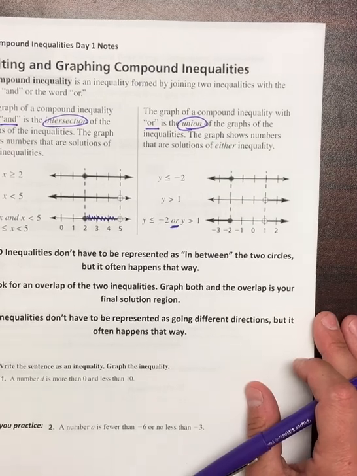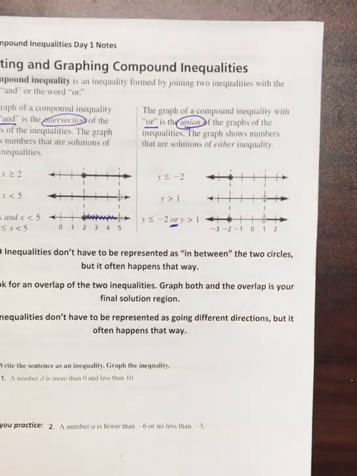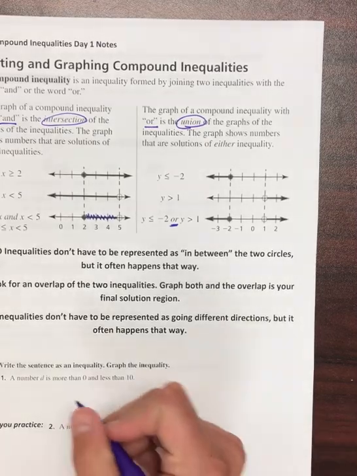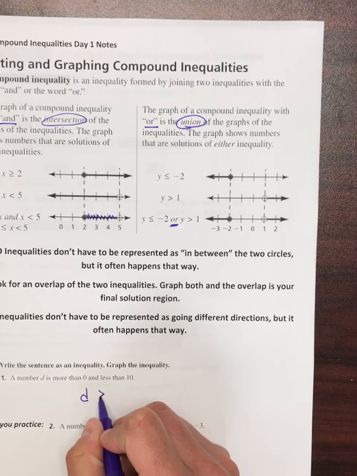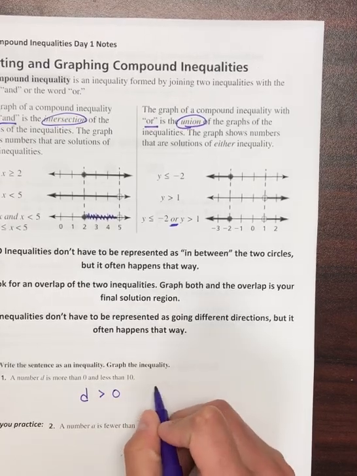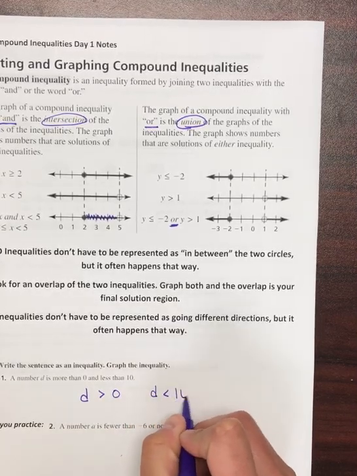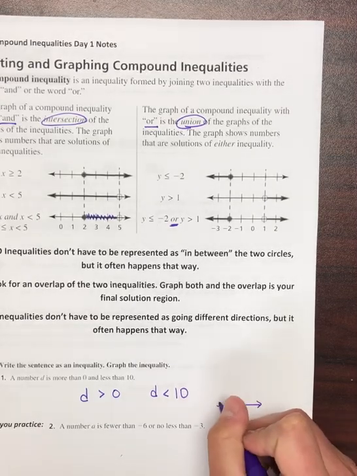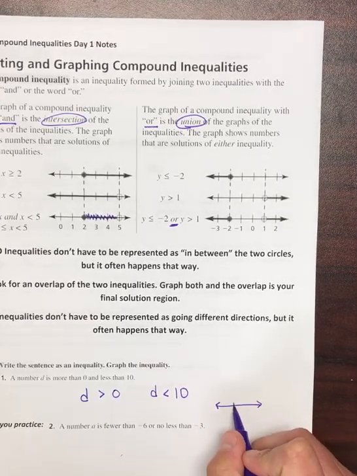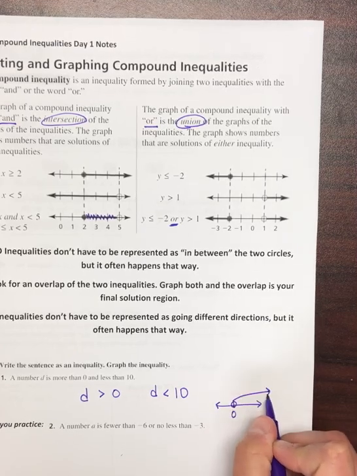So for this first example, we're turning it into an inequality sentence. A number D is more than 0, and the number D is less than 10. You can graph it first if you like. Sometimes that helps people to figure out what type it's going to be. Here's 0, open circle to the right.